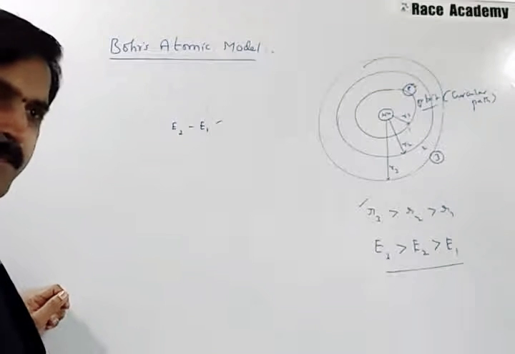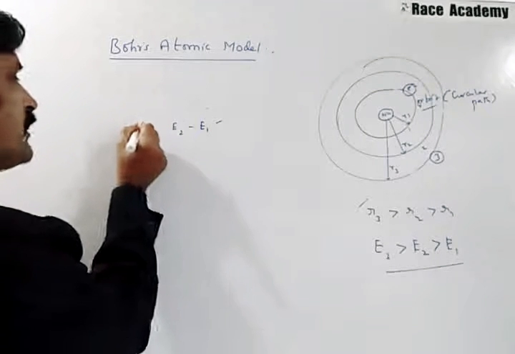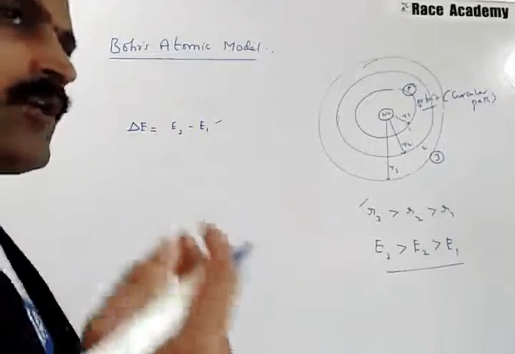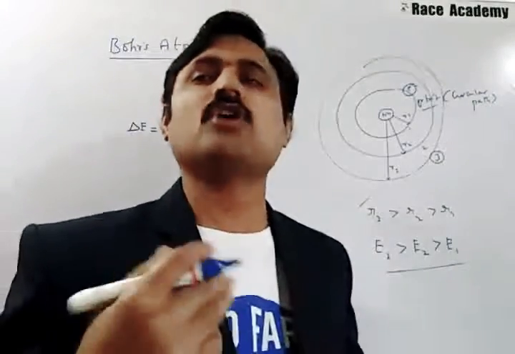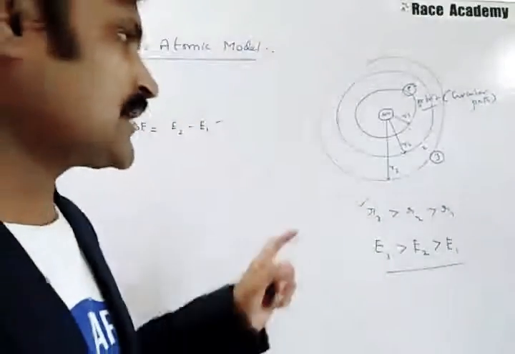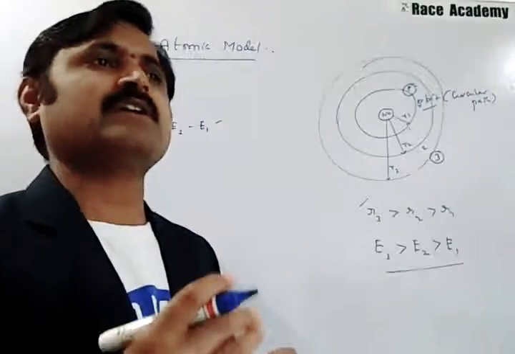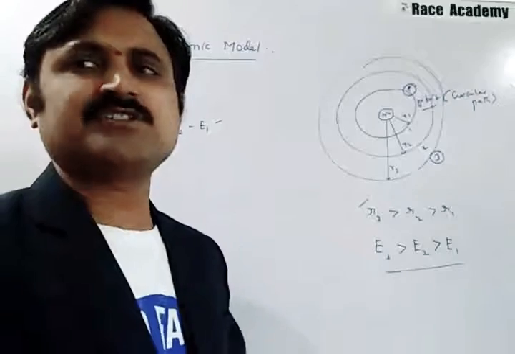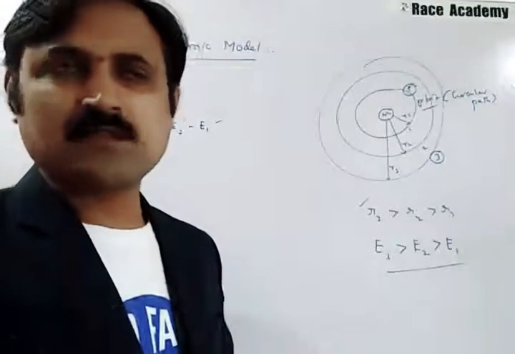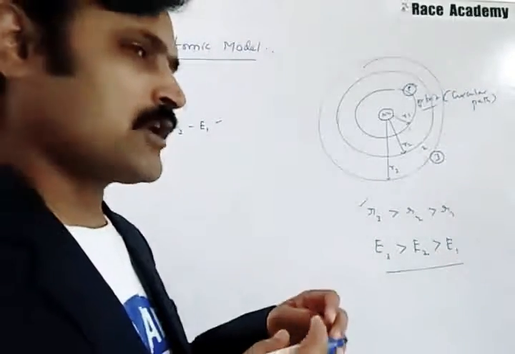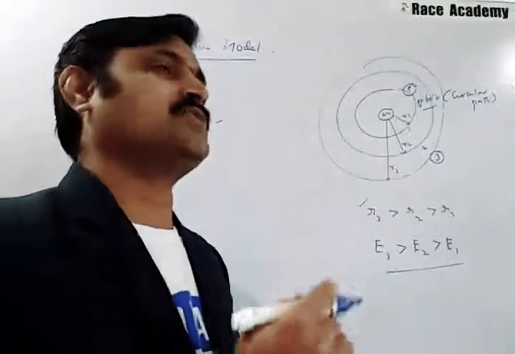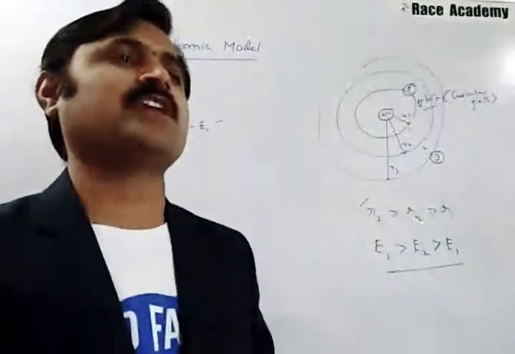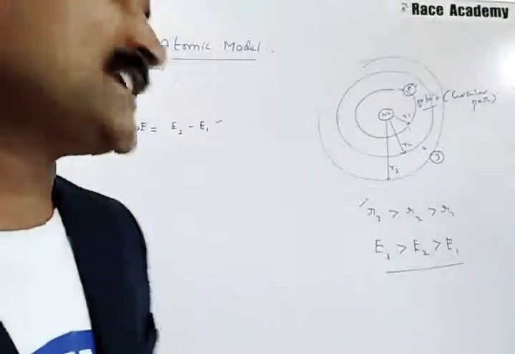That means whenever an electron jumps from one orbit to another orbit, it may emit or absorb energy. When the electron jumps from higher energy to lower energy, emission of energy takes place. From lower energy to higher energy, absorption of energy takes place.